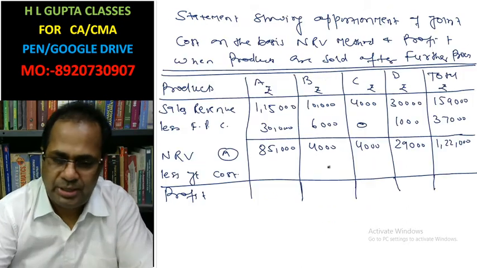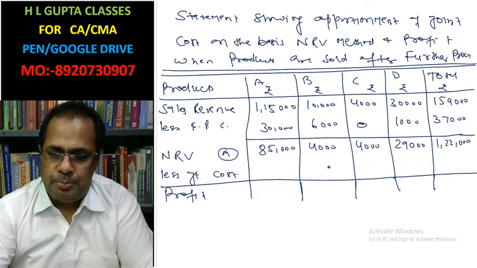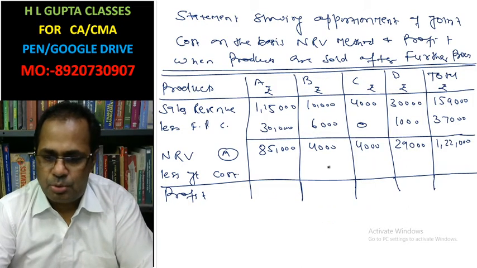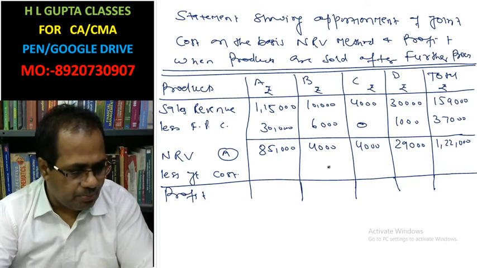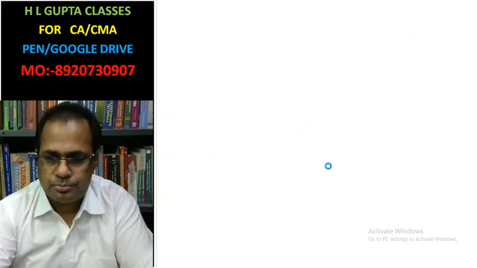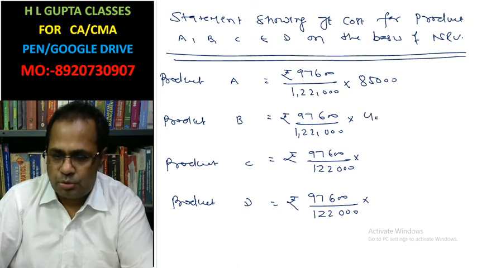Now what is B here? B 85,000, 4,000, 4,000, 29,000. This is 4,000. This is 29,000.